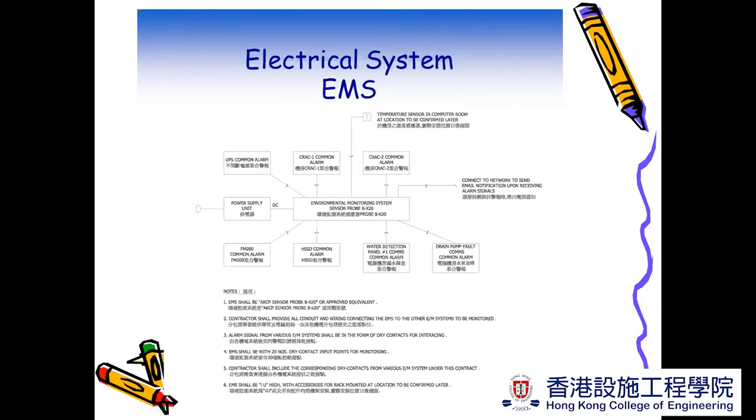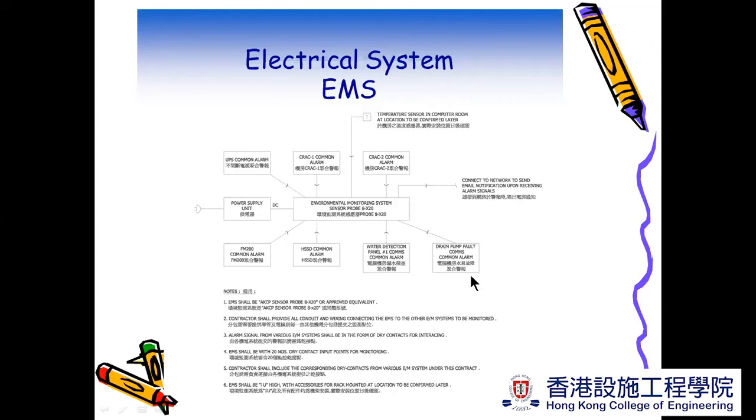Well, in theory, this is a block diagram to show this energy management system or environmental monitoring system. They have power supply, monitor power supply, monitor UPS, if it's activated, CRAC units, CRAC 1, CRAC 2, some temperature of the room, then connect to network to send emails or auto dial system to those people who are on call.